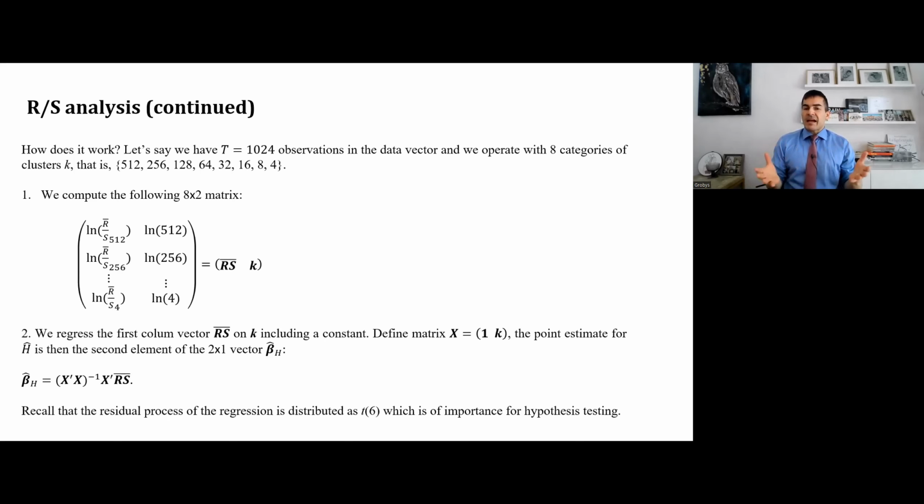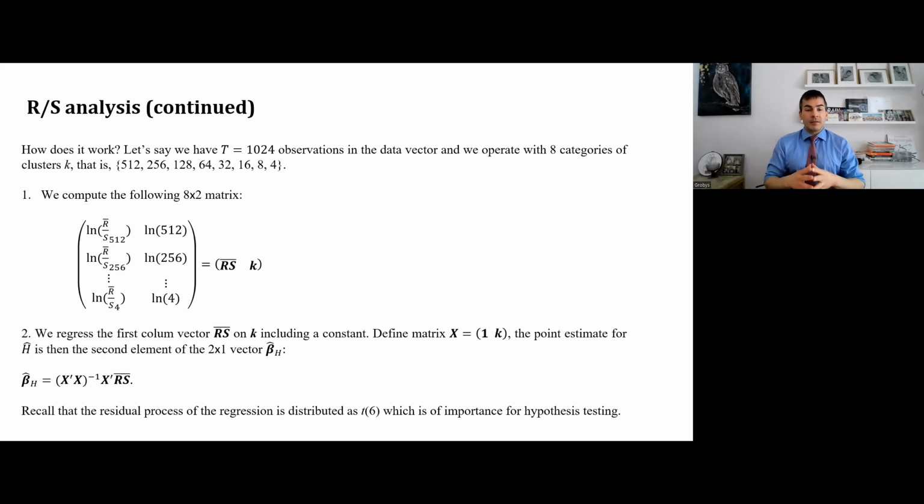So we can define the matrix X simply as an 8x2 matrix, where the first column vector is an 8 by 1 vector of ones, and the second column vector is the corresponding vector of logarithmic cluster sizes, K. So the point estimate for the Hurst exponent is then the second element of the 2 by 1 vector beta hat H, given by X transpose X inverted times X transpose times RS bar.